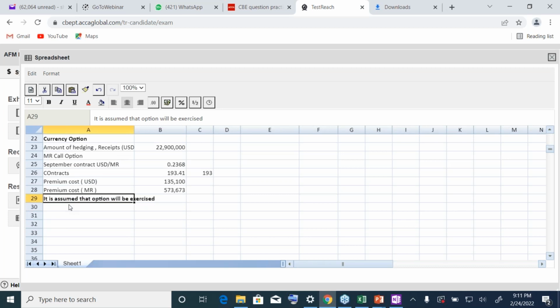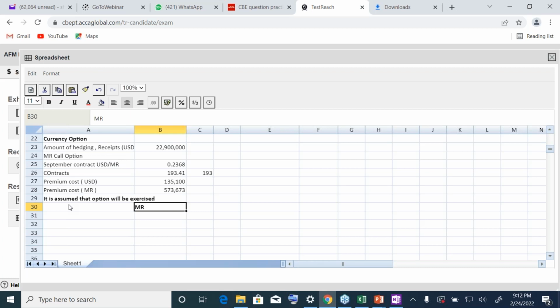You will always take this assumption. If you are assuming that option will be exercised, will you calculate the answer in foreign currency or home currency? Home currency, right? So the answer should be in home currency. Excellent.